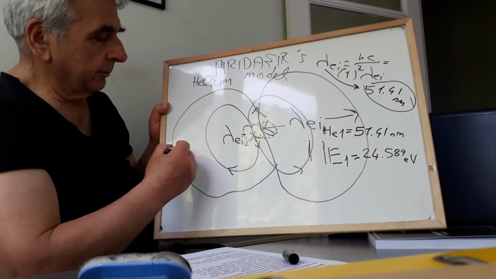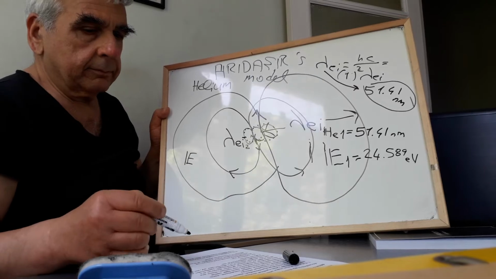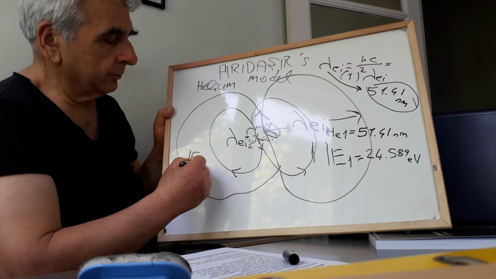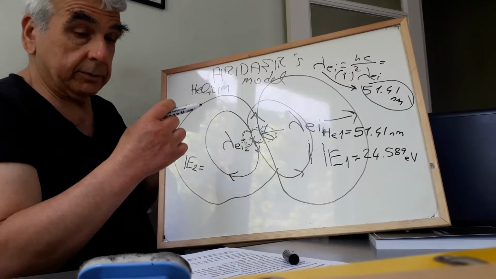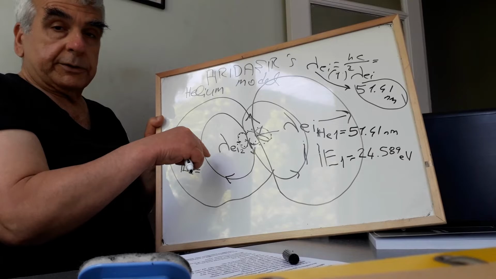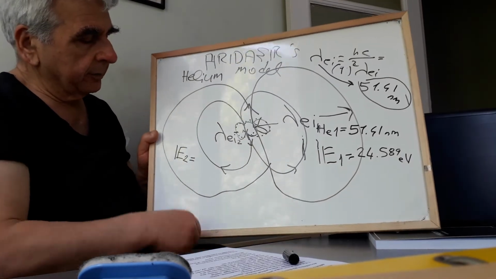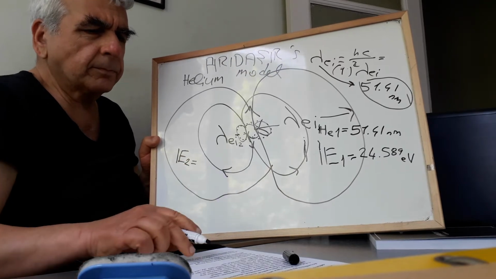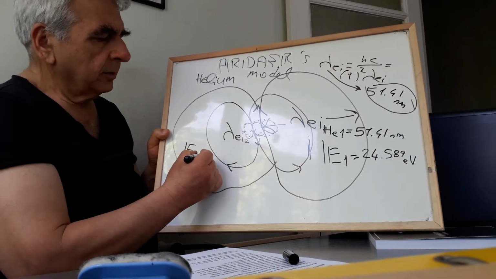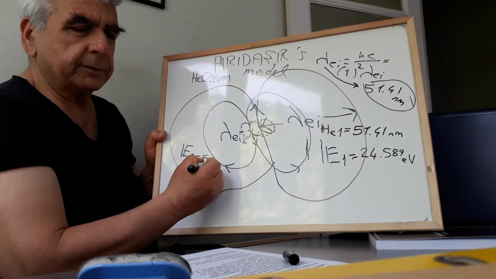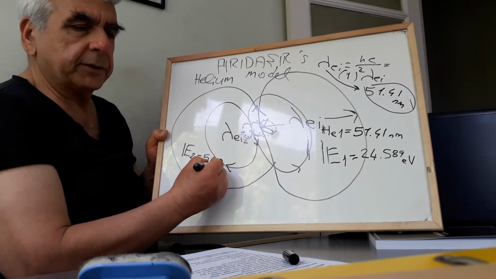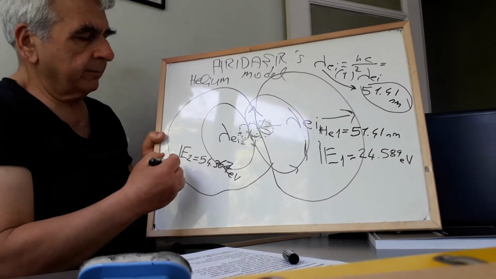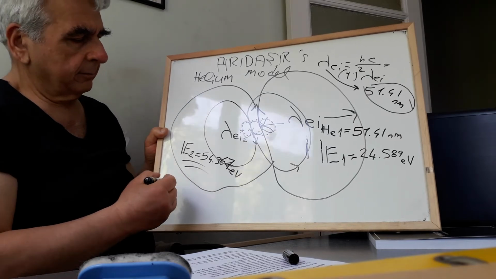Ionization energy 2 for helium equal to smaller and smallest in here, helium, equal to 54.367 EV. Okay.